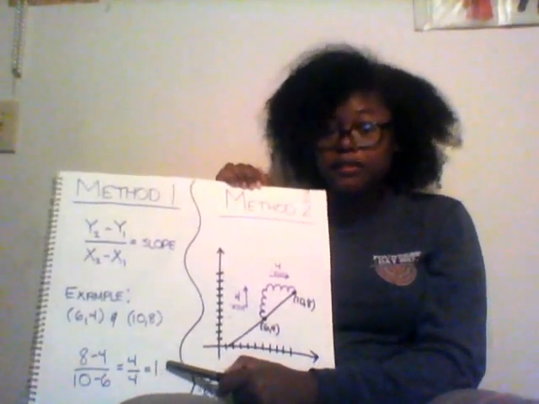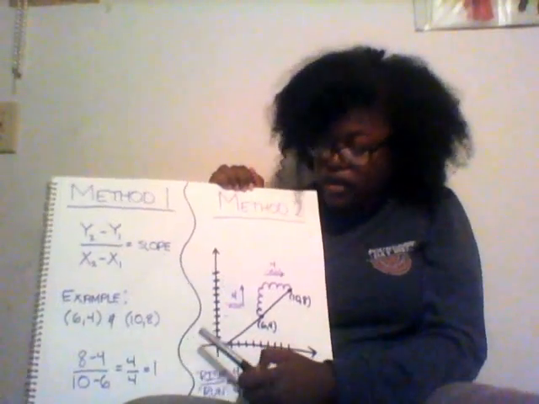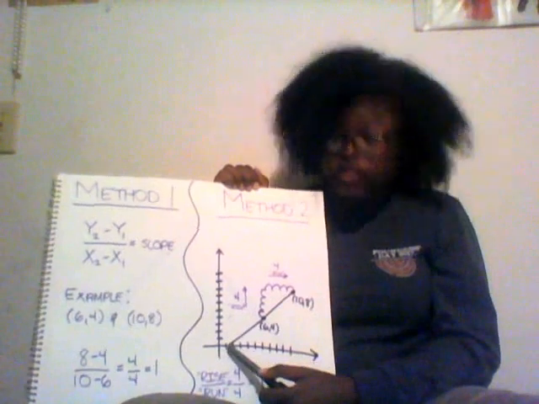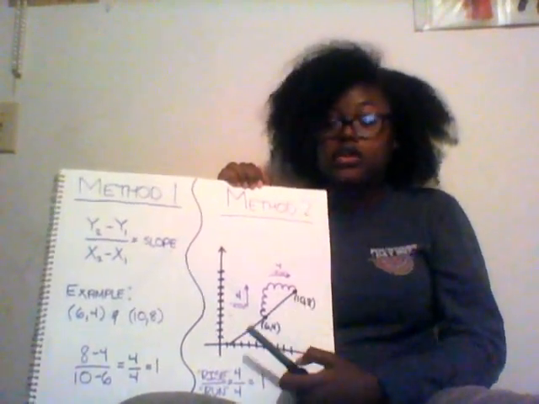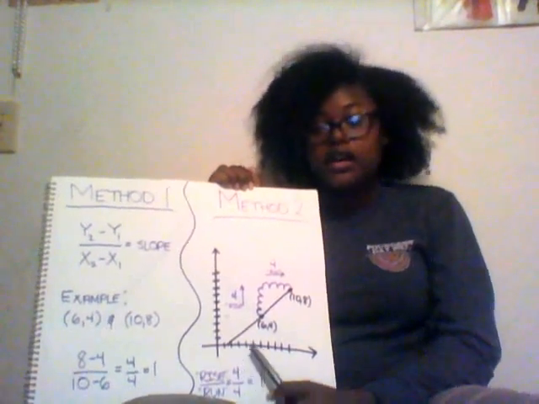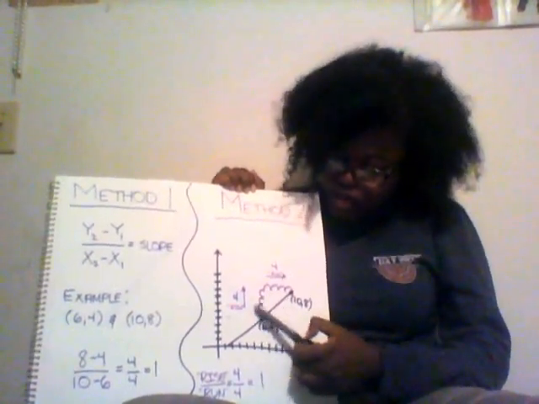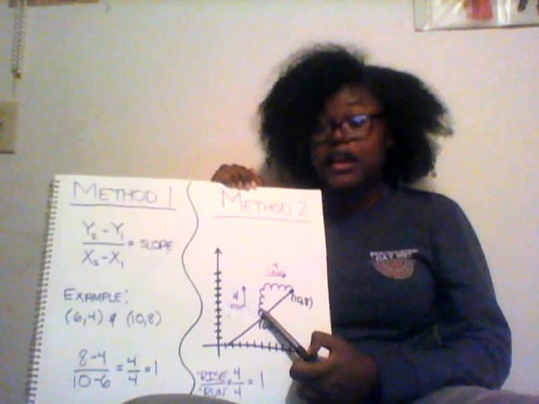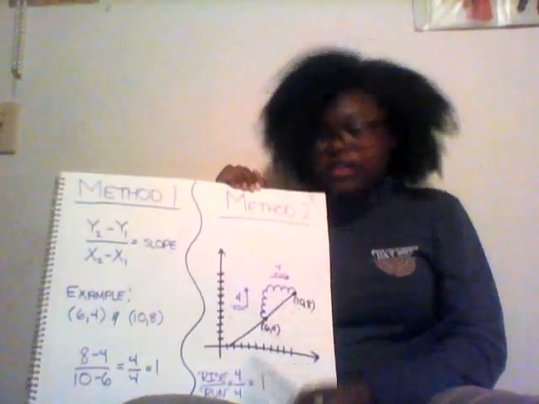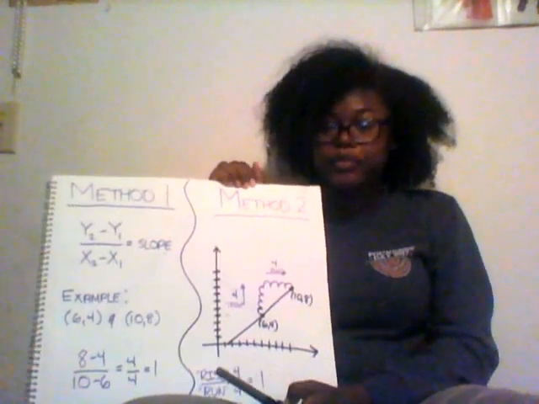Now, the second method is the graphical analysis, which is where you have the line itself already drawn onto a Cartesian coordinate plane, and you just simply do a physical analysis of drawing, well, a line. I personally like to do the curved lines because it's easier to identify how many lumps I count.